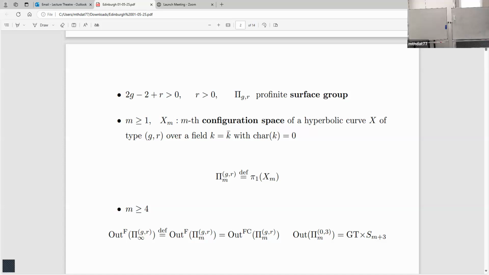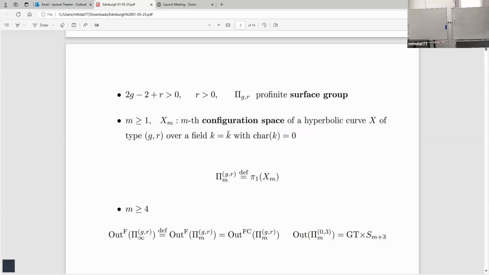The other result, which was somehow known in the case of Out^F, is that this group stabilizes when m is large. When m is at least 4, all these groups are naturally isomorphic or even equal.